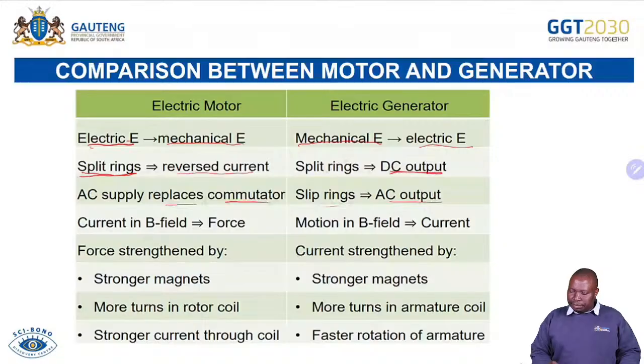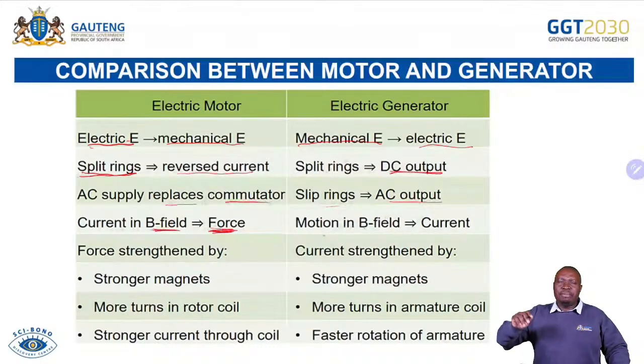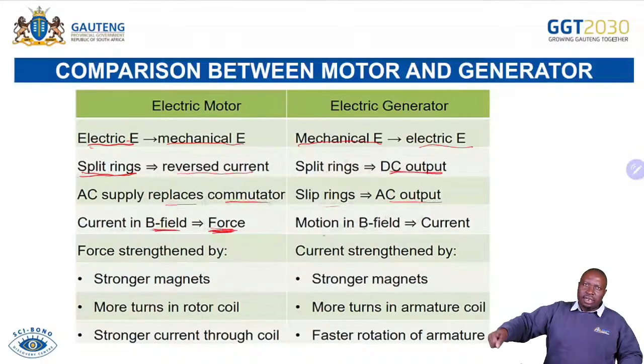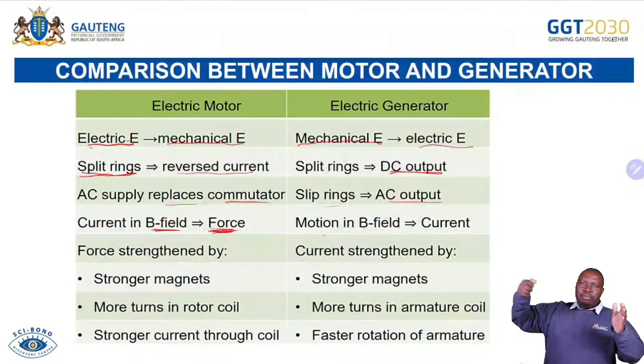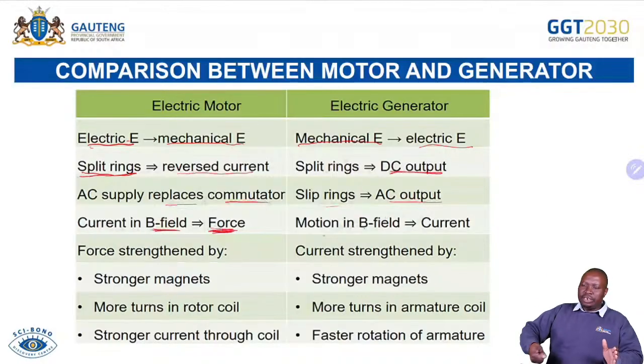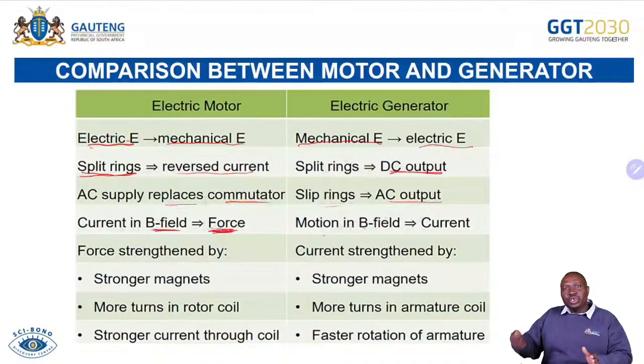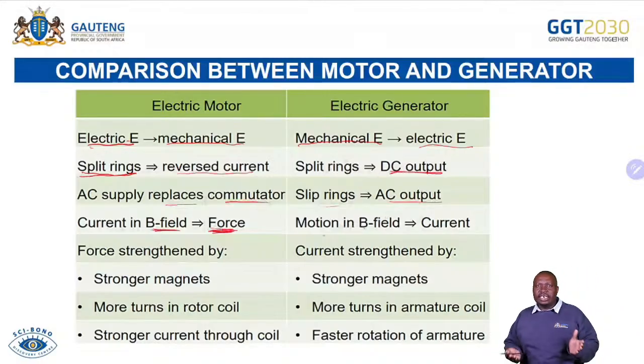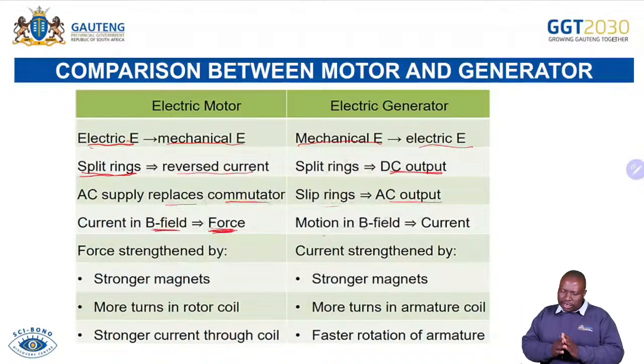In a motor, the current in the magnetic field generates a force. In a generator, there is motion in the magnetic field. Remember, when you rotate the armature between the magnets, in the magnetic field, there must be motion, then there will be induced EMF. And if we have induced EMF, we'll have current flowing if we have a closed circuit.